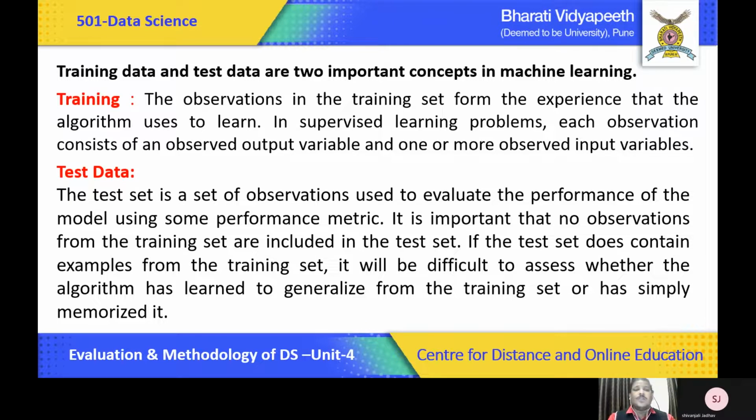The key part here is evaluation, because training data may or may not give you an accurate result. But once you have tested data, it is concrete, valid data, right? So we evaluate the performance of the model using some performance metrics.